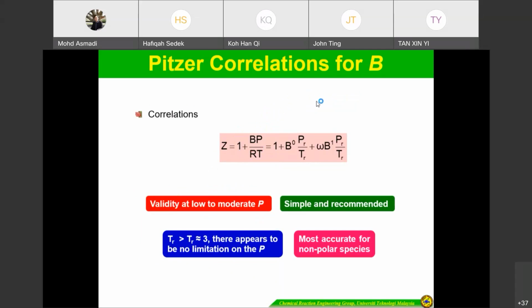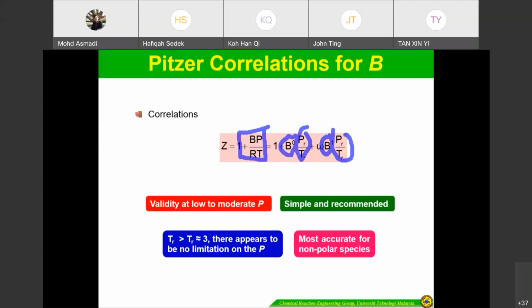Once you expand these equations, it becomes Z equal to Z naught plus omega Z prime. Only this one you replace with the B naught and also B prime, and this one with PR over TR. It's simple and recommended. For me, if the temperature is low to moderate, I'm not going to use the Redlich-Kwong or Peng-Robinson, and I will not use the Lee-Kesler.